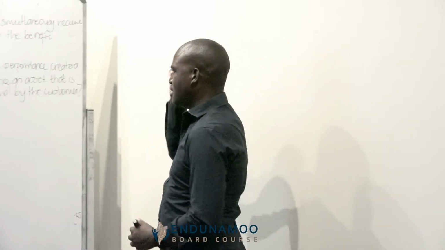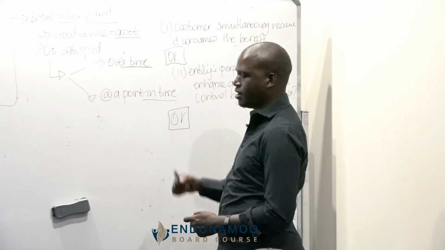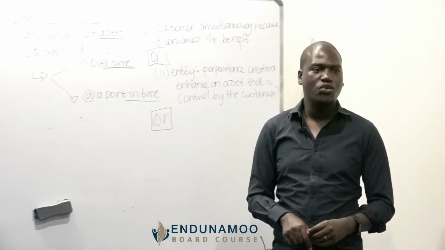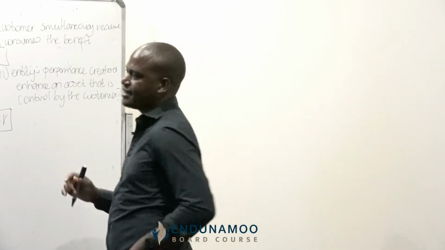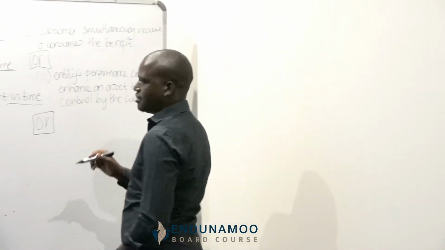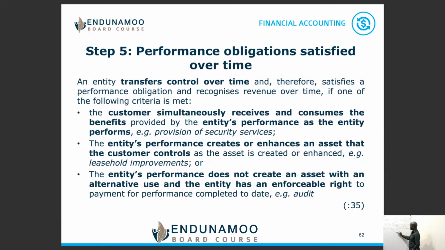Then, if none of this is true, you go to the last one. The last one has 2 conditions in it. It says that the entity's performance does not create, so again, another negative, it does not create an asset with an alternative use.